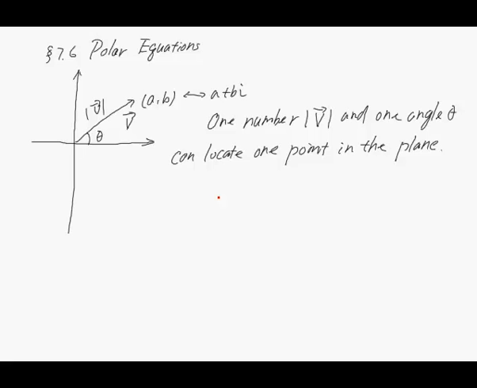So now, suppose in a plane we have a fixed point, and this fixed point is called the pole.